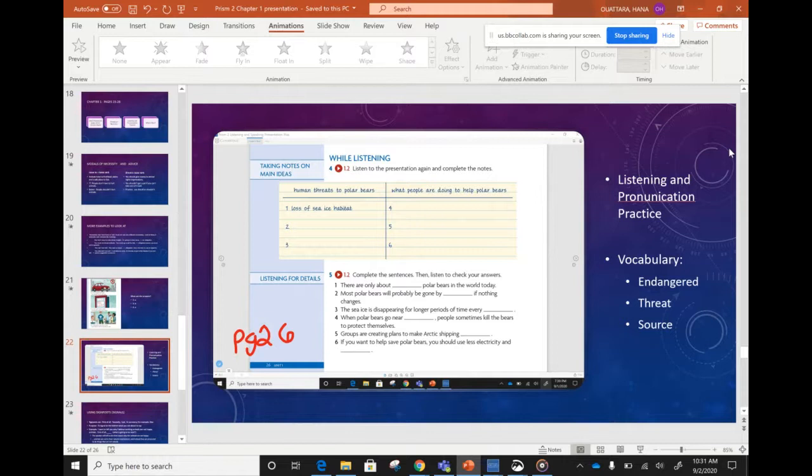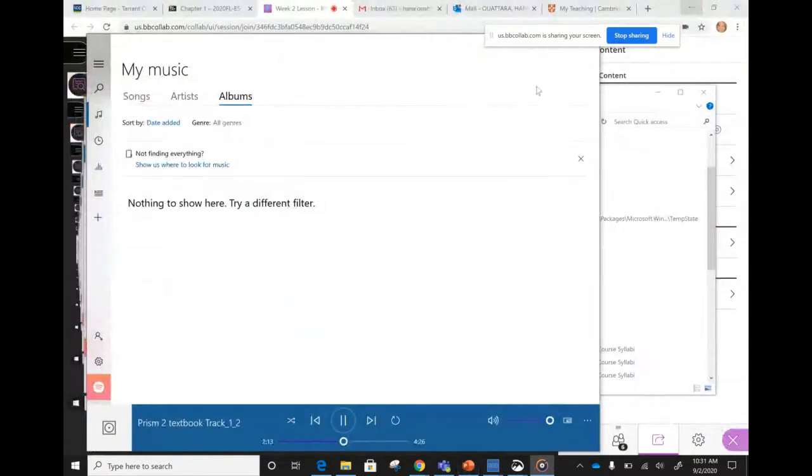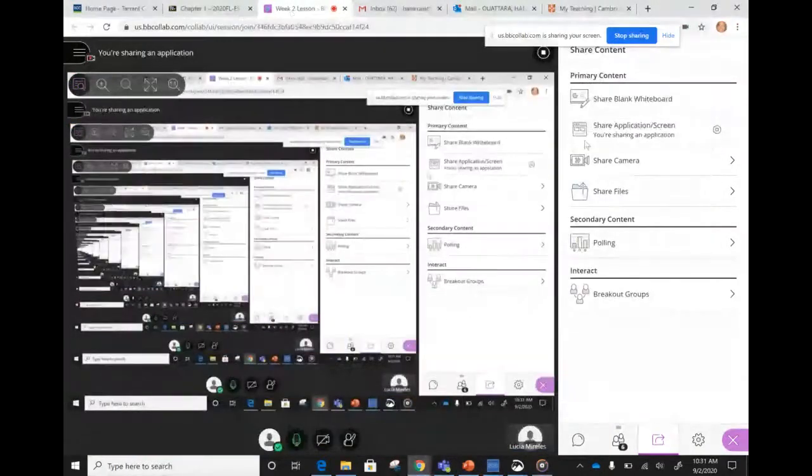A second threat is contact between humans and polar bears. When there is less sea ice, polar bears have to spend more time on land. This results in more contact with humans. When polar bears go near towns, people sometimes kill the bears to protect themselves.